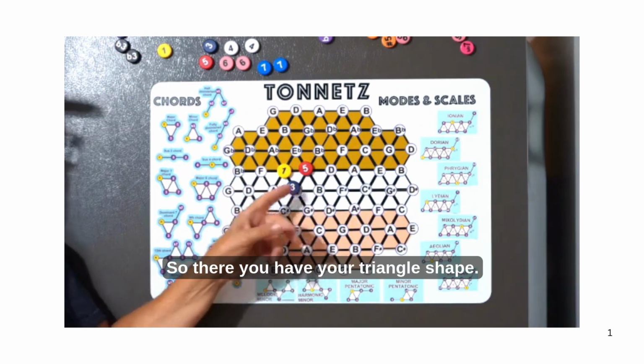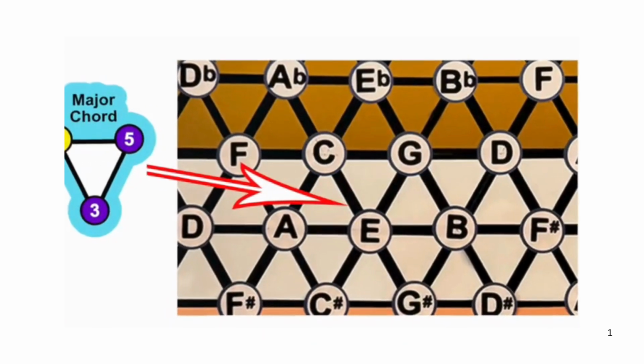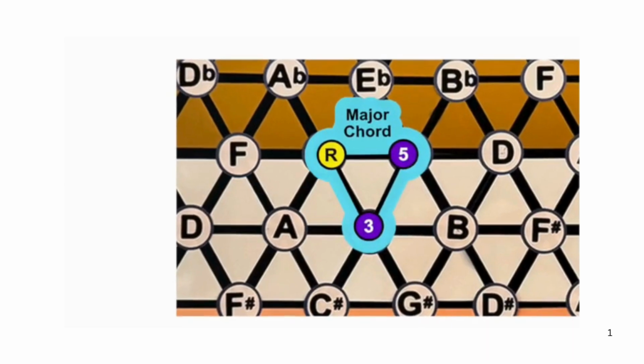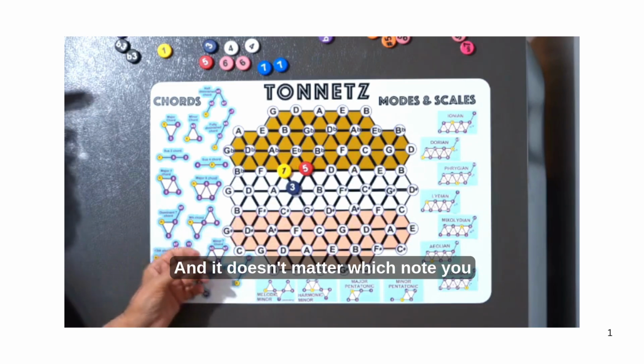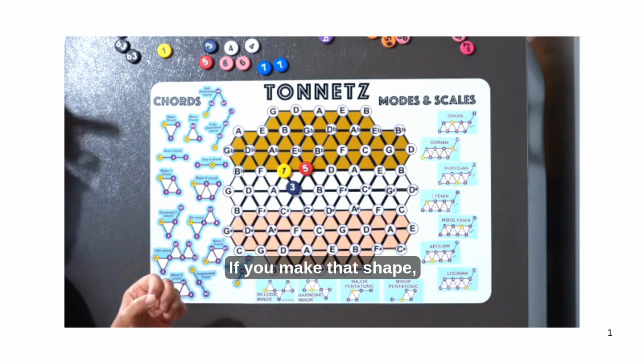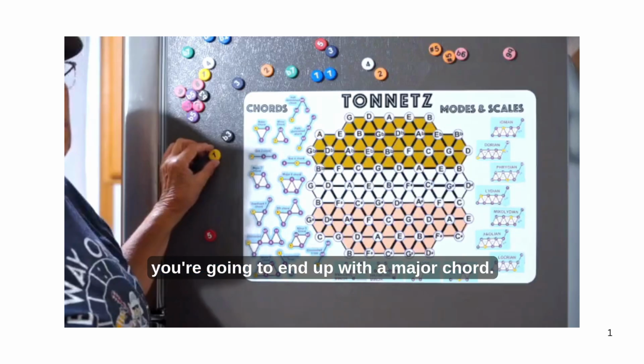So there you have your triangle shape. And it doesn't matter which note you start on this Tonnetz chart. If you make that shape, you're going to end up with a major chord.